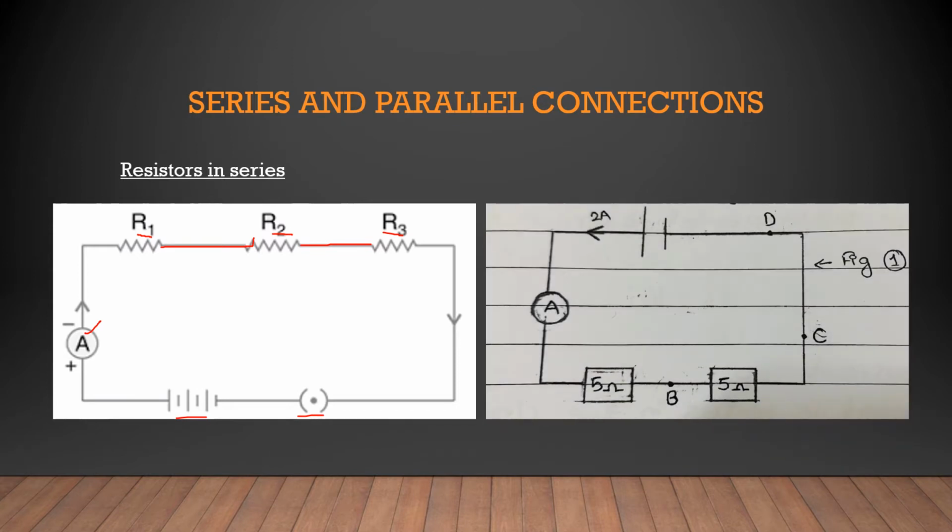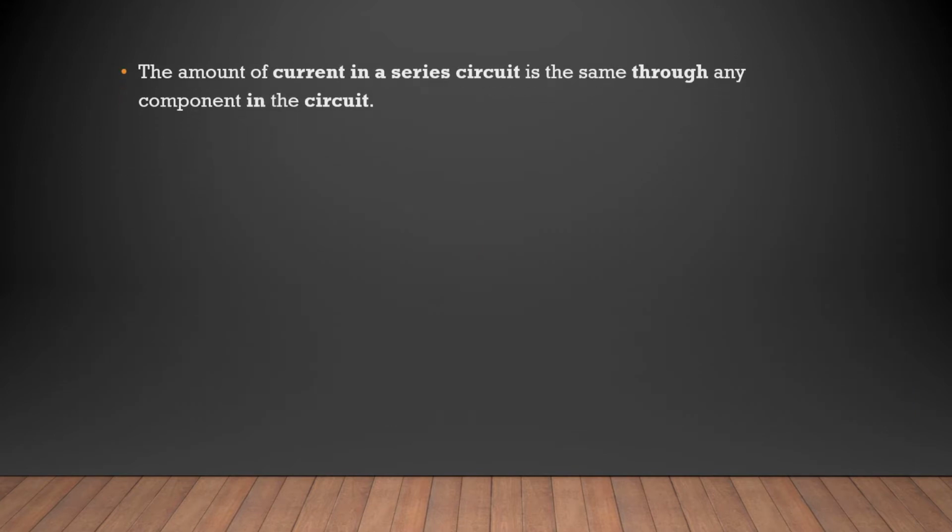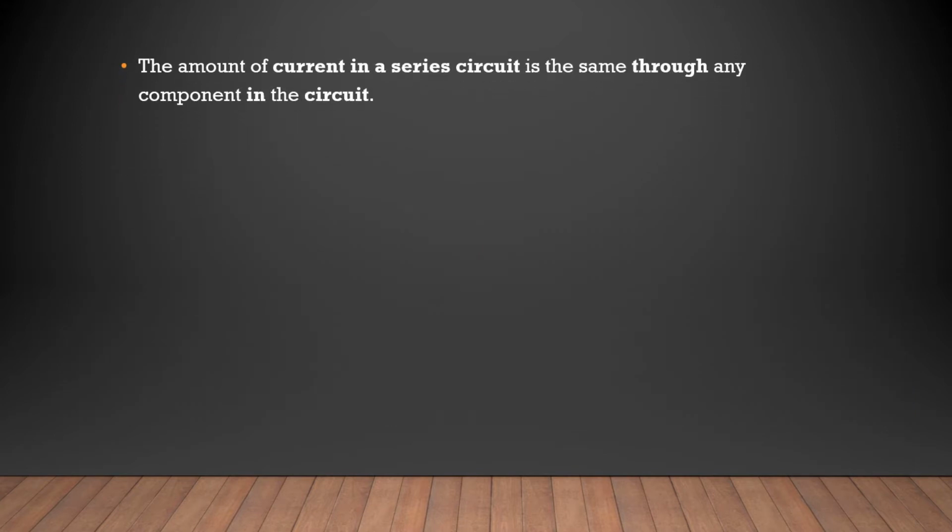See, this is an example. From the cell, 2 ampere current is flowing. So here we have two resistors, 5 ohm resistance each. They are connected in series. The amount of current in a series circuit is the same through any component in the circuit.